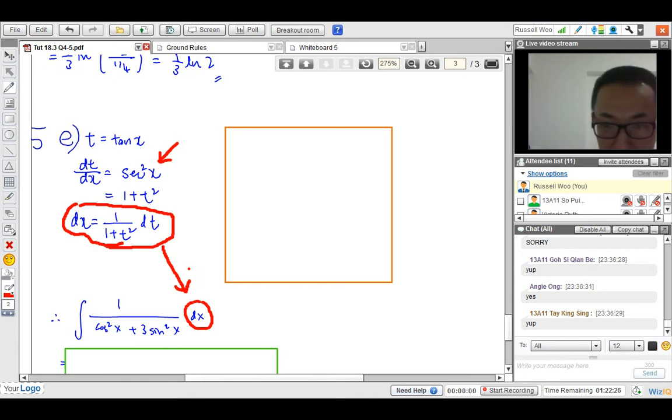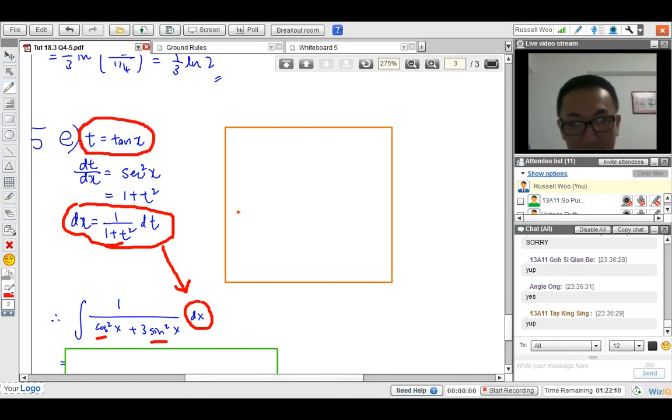So now the next question is, what happens to the cosine square x and sine square x? Now given this, again same technique, like I mentioned, same technique as 5d. In fact, easier.